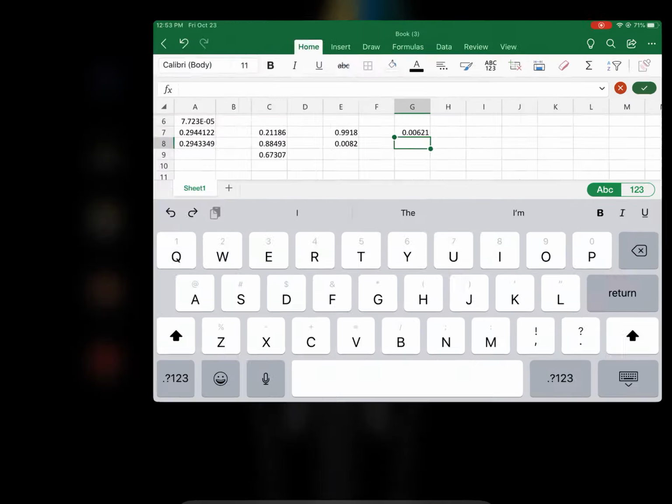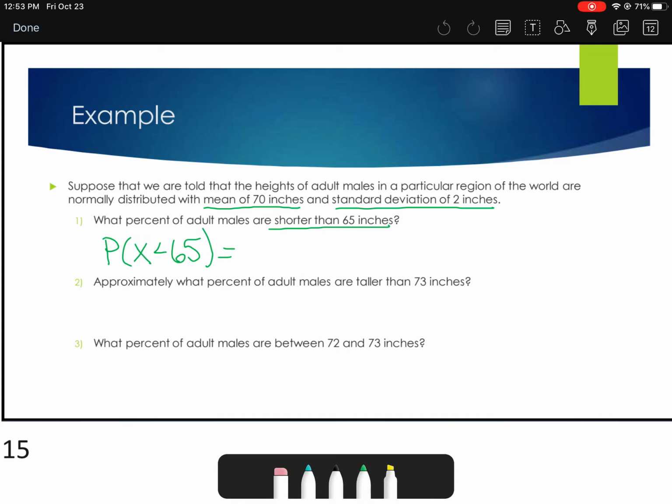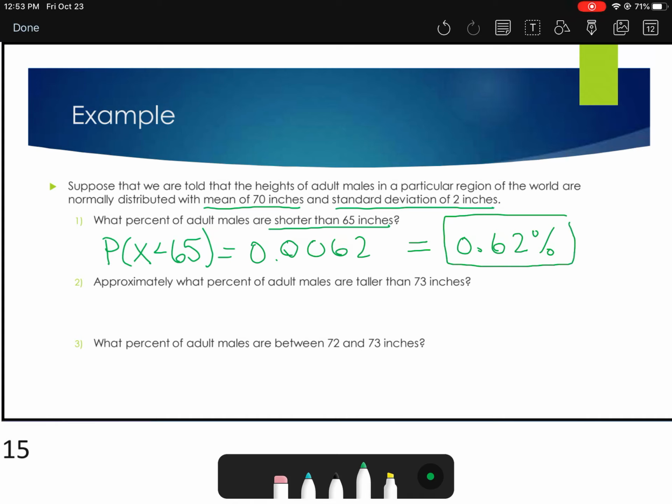So that would be 0.0062. And as a percent, that would be not even 1%. So it'd be 0.62%. So it'd be very rare that someone would be less than 65.